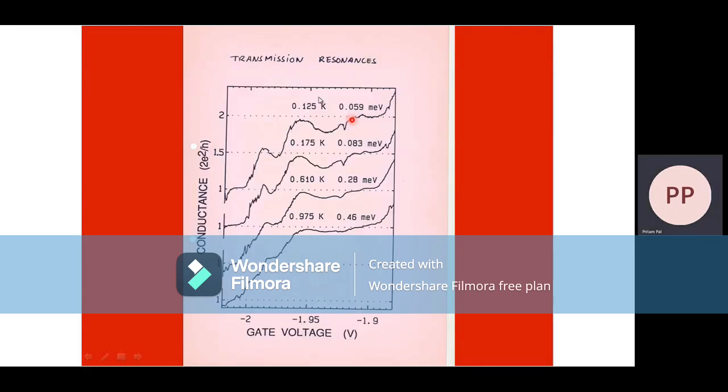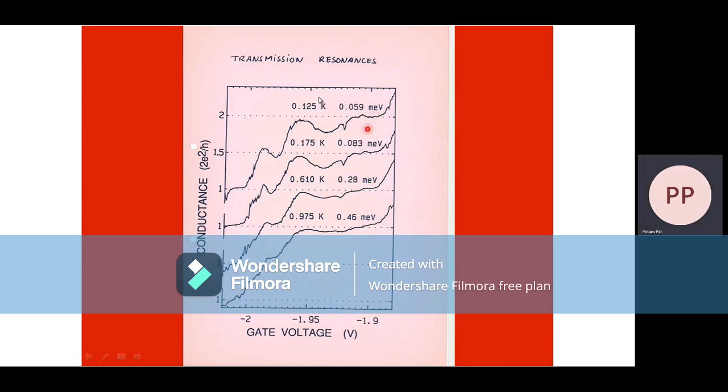So in this system, we saw that the temperature can destroy the quantization of the conductance. Here is another family of traces, independent of the temperature, for a family of temperatures from very low to fairly high, in a very similar sample. The small constriction is not so perfect.